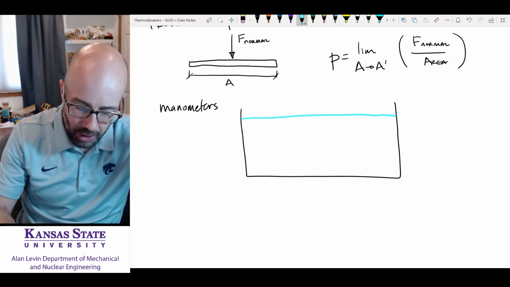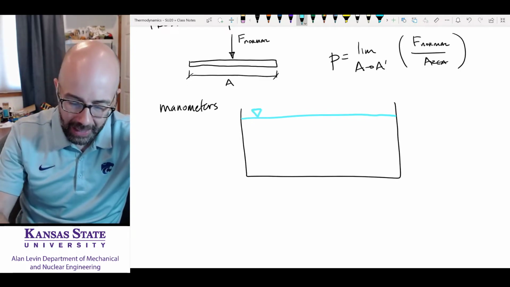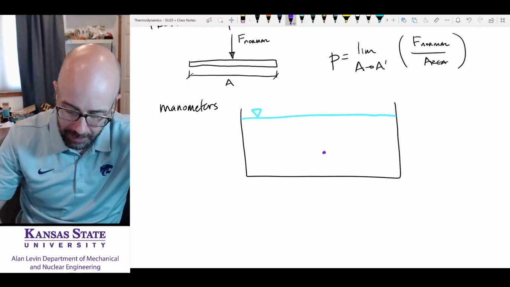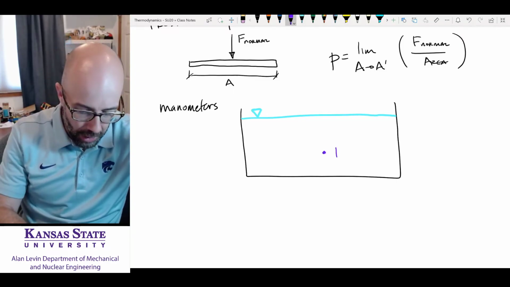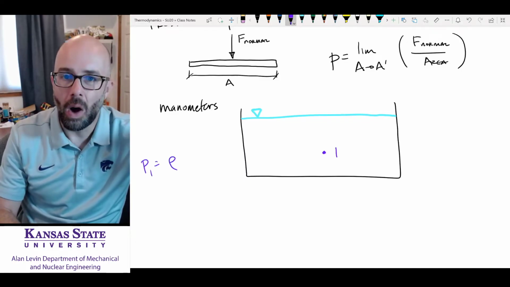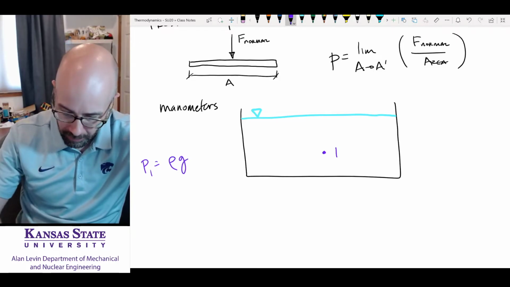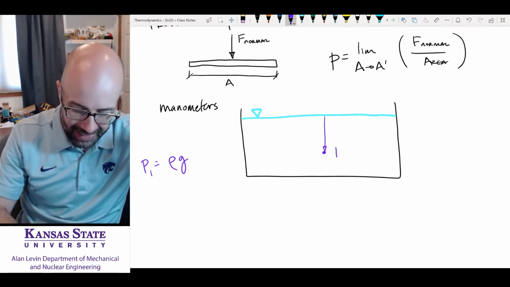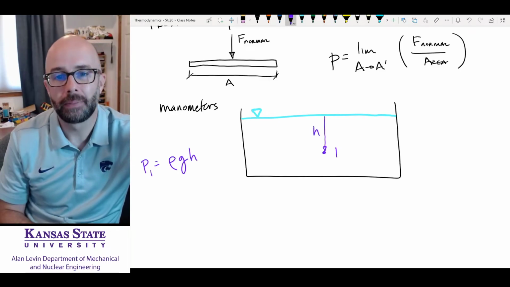Okay, and this triangle here represents the free surface of the water. And if I want to find the pressure at this point 1, we know that pressure at point 1 is equal to the density of that water times the gravity pulling on that water times the distance down to that point, h.